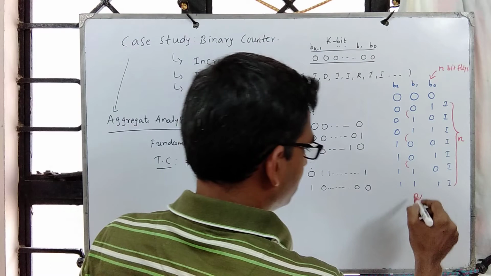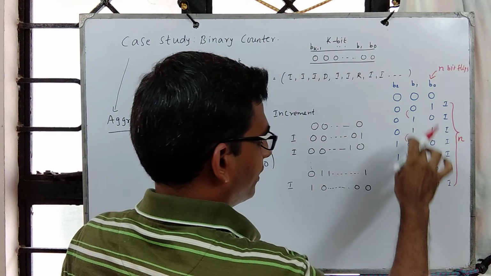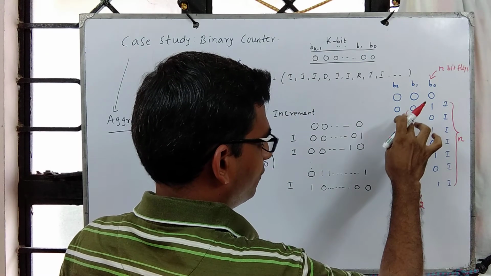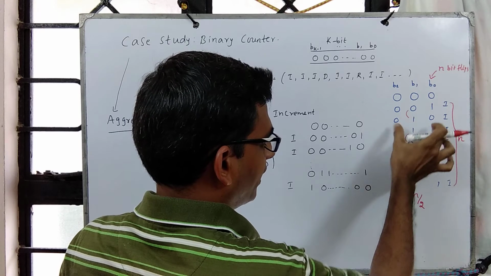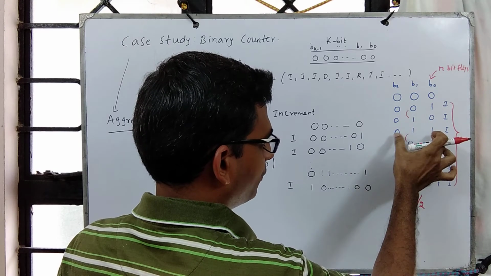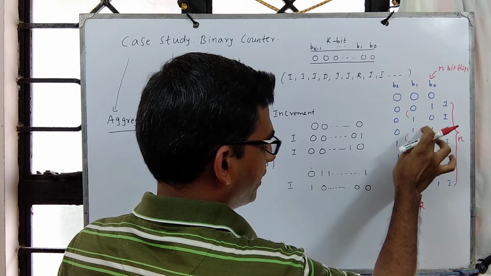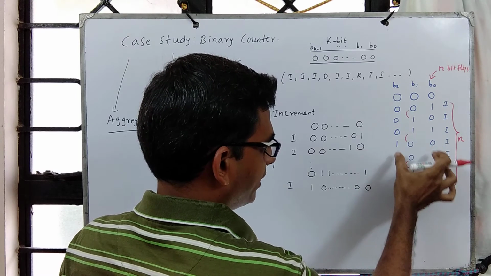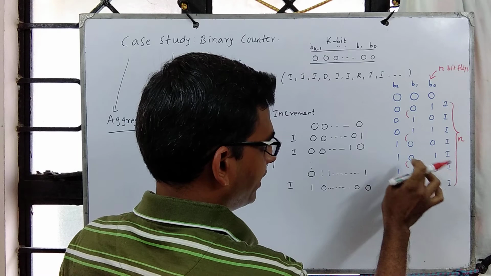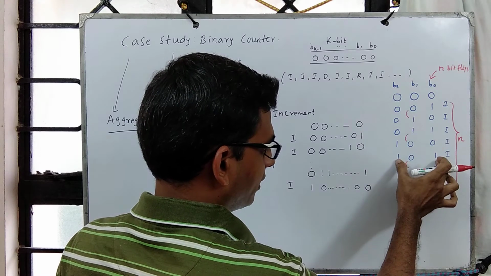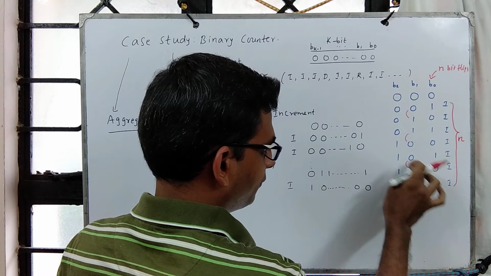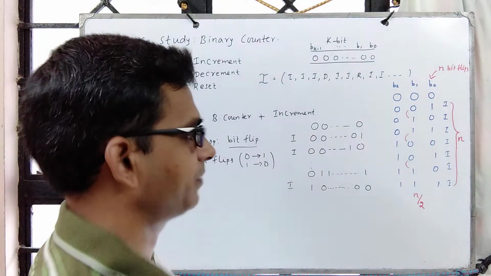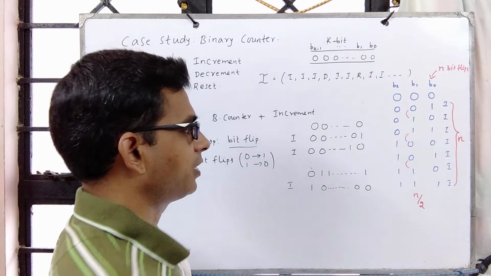Correct? If you look at this configuration, there is a bit flip here, and from this to this configuration, if I move, there will be a bit flip here, but there won't be any bit flip here. Similarly, from this configuration, when I move, there won't be any bit flip, but when I move from this configuration to this configuration, there will be a bit flip. Correct?